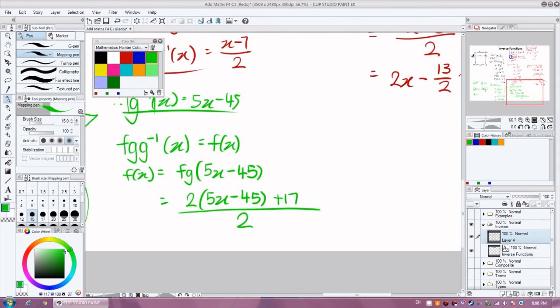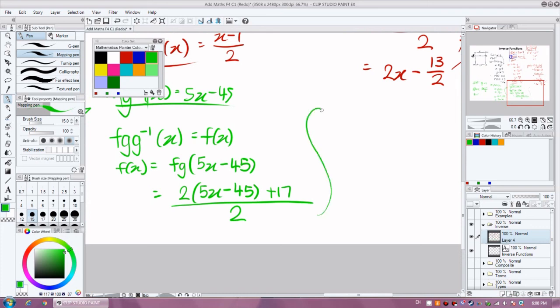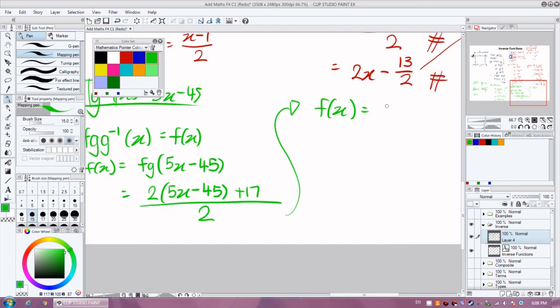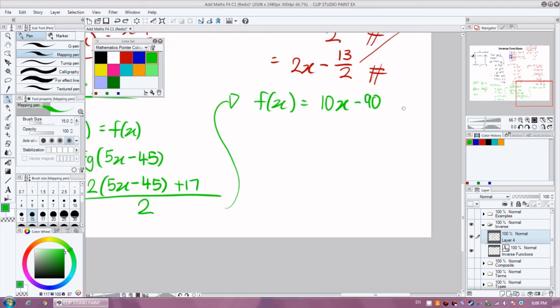This is going to take some calculation. Moving it up here again, f(x) equals (10x minus 90 plus 17) over 2, which equals (10x minus 73) over 2.